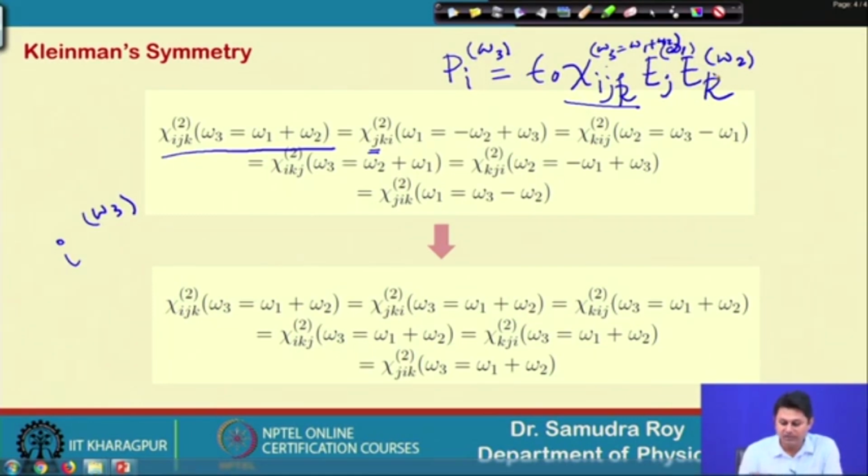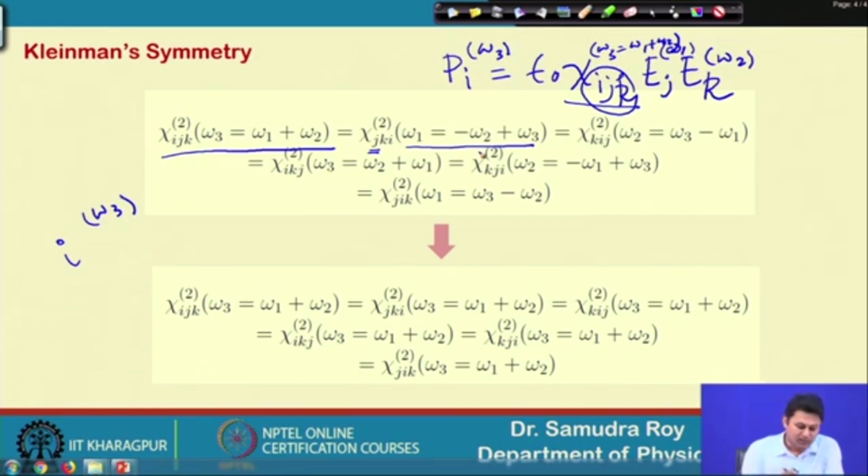Now, if I make a permutation of these terms, then this frequency distribution will also change.